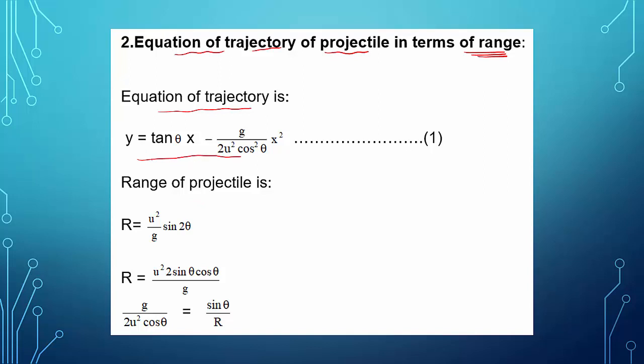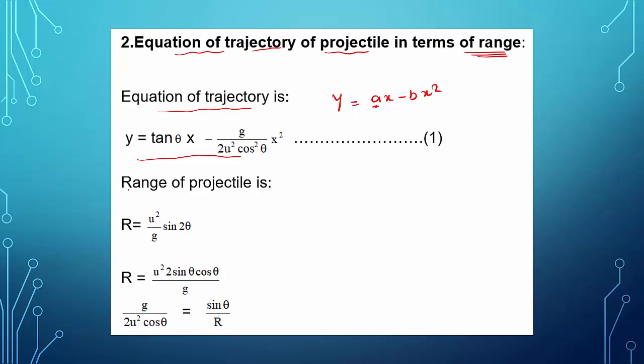You can remember y equal to tan theta into x minus g divided by 2 u square cos square theta into x square. So this is the expression for equation of trajectory. It is of the form y equal to ax minus bx square. In place of a, we can write tan theta. In place of b, we can write g divided by 2 u square cos square theta.